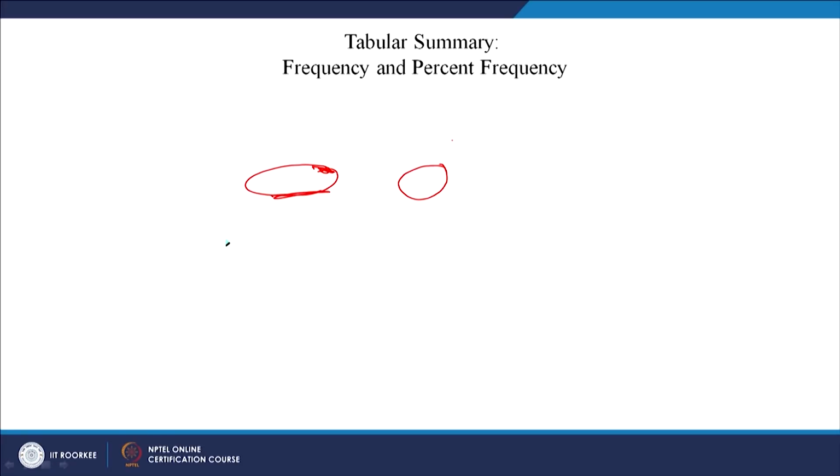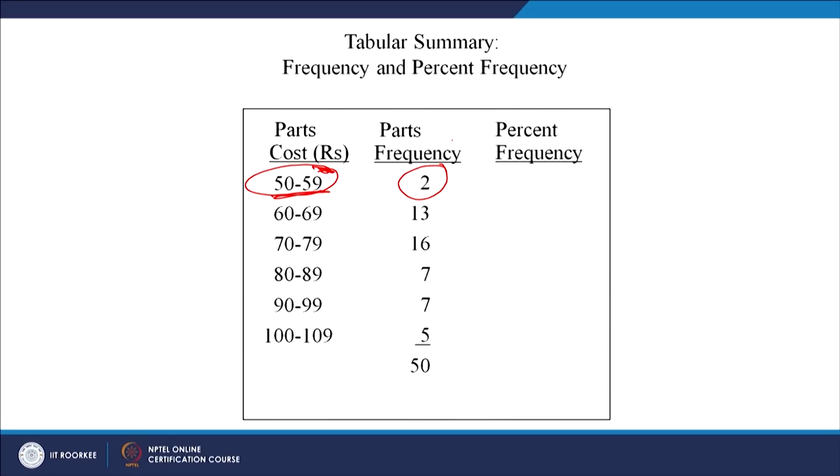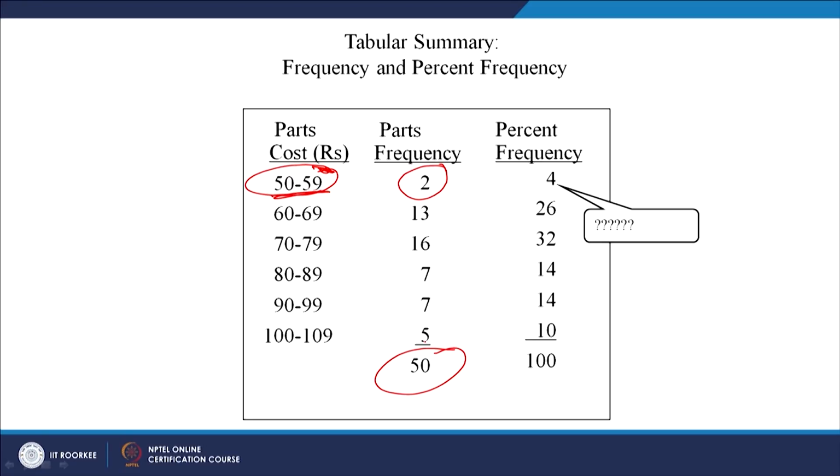Similarly, you can write down frequencies in these classes. The total frequency should be 50 because you have taken a sample of 50 units. To calculate percentage frequency, just divide 2 by 50 and multiply by 100. This is how you will get percentage frequency, and this total should be 100.